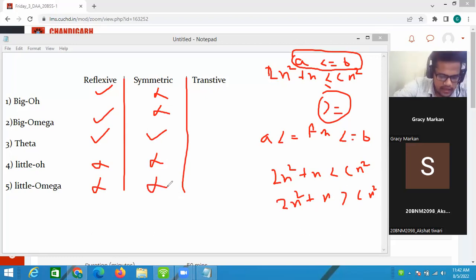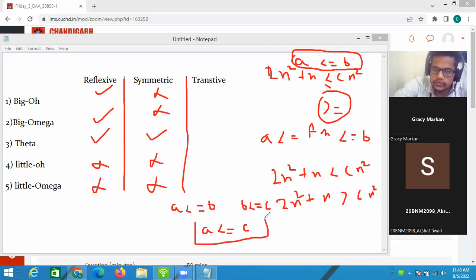Right? And what about transitive? Transitive property is like: if A is less than or equal to B, and again B is less than or equal to C, then we can say A is less than or equal to C. This we already proved in mathematics, the transitive property. We are just using this.